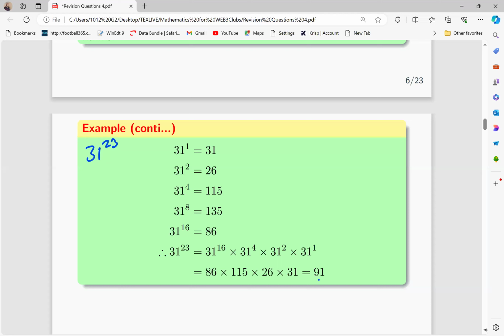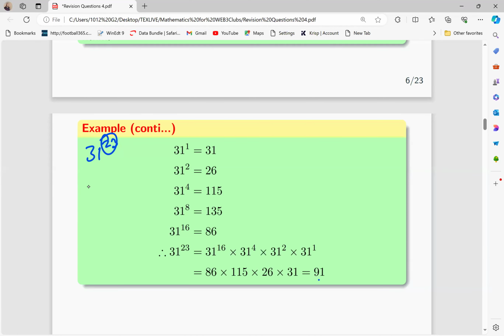Times 10 raised to? Oh, that one can do it. Yeah, but the others cannot do that. And that is why we do it in bits, until we arrive at this part. If this power was very huge, that calculator would not have done it. But since this power is small, relatively, that is why it's able to do it.